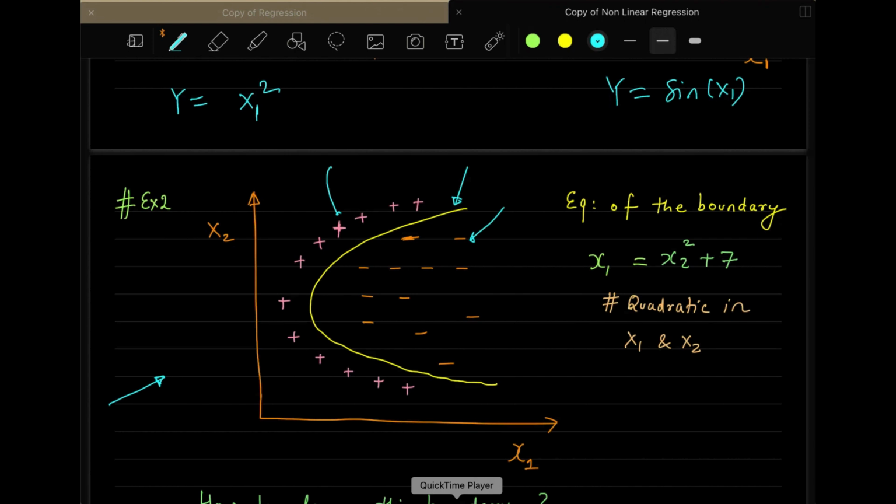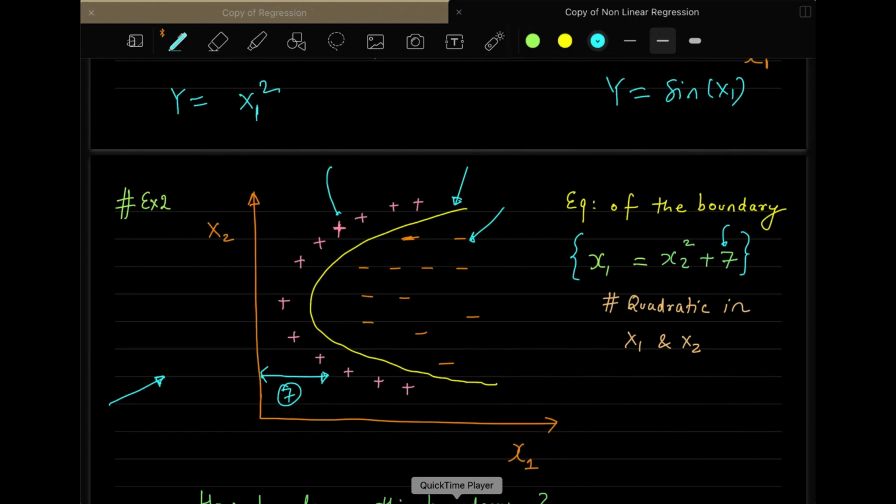As you all agree, this is a parabola, a shifted parabola with the axis changed, and the equation of this parabola is this, where 7 I have taken just to adjust the offset from the vertical axis. You can take it as B, A, C, whatever you want.